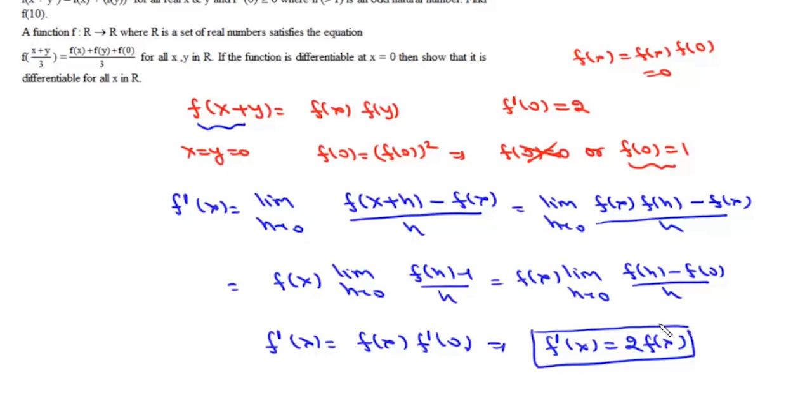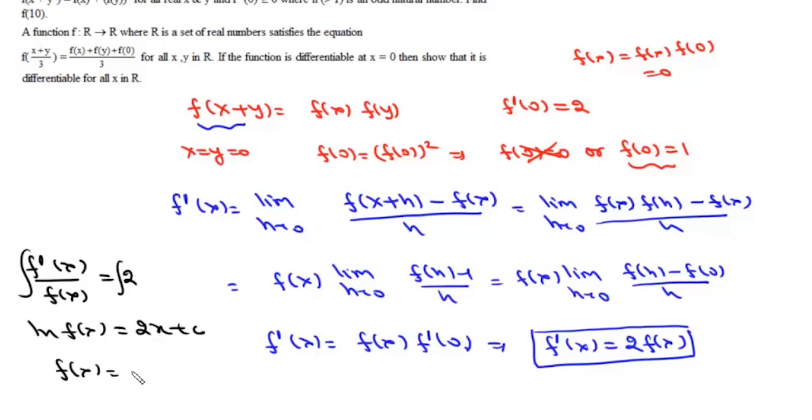Now we need to find f(x) also. So what we'll do is we'll use a differential equation. We can write this as f'(x) upon f(x) will be equal to, and we integrate, we can write log f(x) and it will be equal to 2x plus c, or f(x) will be e to the power 2x into e to the power c, and e to the power c is some constant.